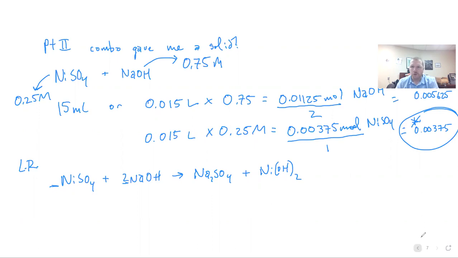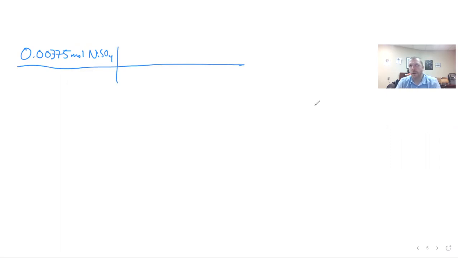So I'm going to go to a clean slide, and I'm going to do the dimensional analysis for my theoretical yield. I know that I have 0.00375 moles of NiSO4. And what I want to know is how much of my product, which in this case was my nickel hydroxide, I'm going to generate.